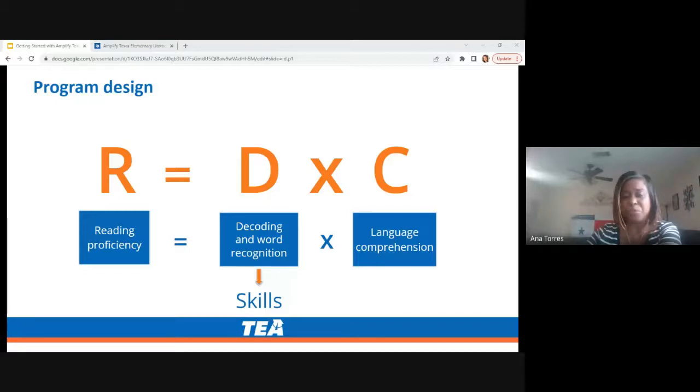Based on reading research, the Amplify skill strand, Habilidades y Destrezas, has 2 main design principles that we want to explore and look at.